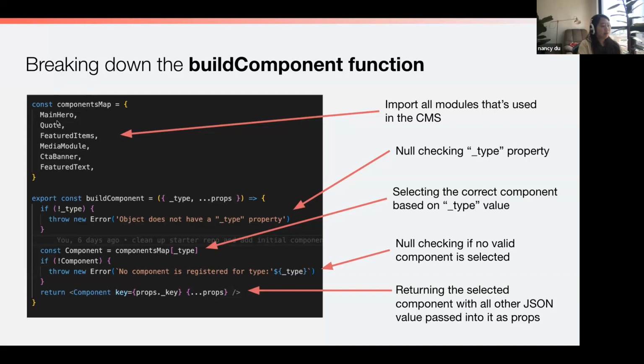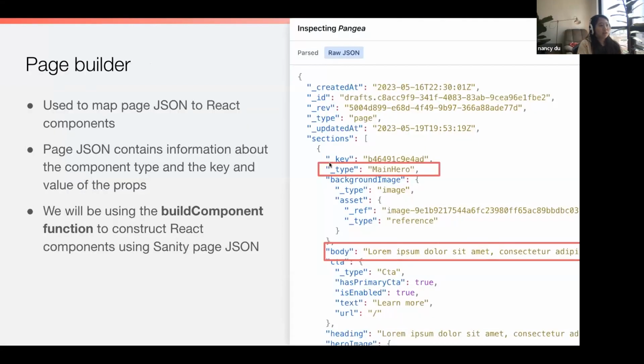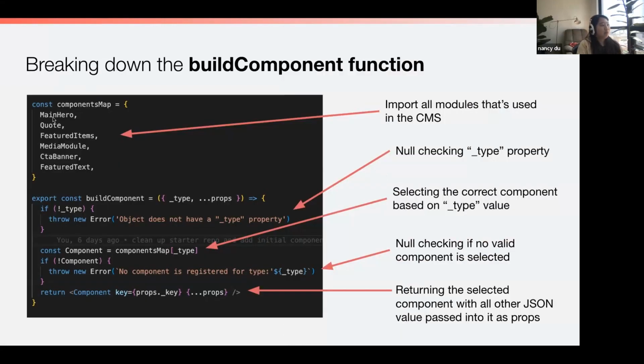If you look at the JSON that gets returned, you'll see that the type is going to be your schema name. We really want to be able to match the schema name to the actual component name in our component mapper. So here we import all of our CMS modules and make them available in the components map.